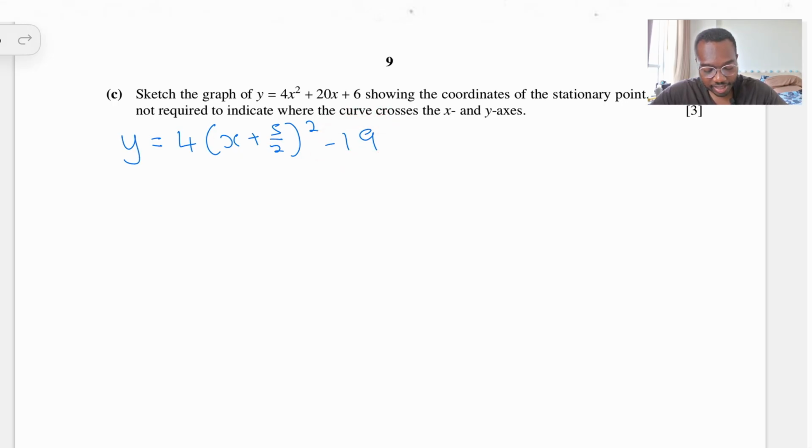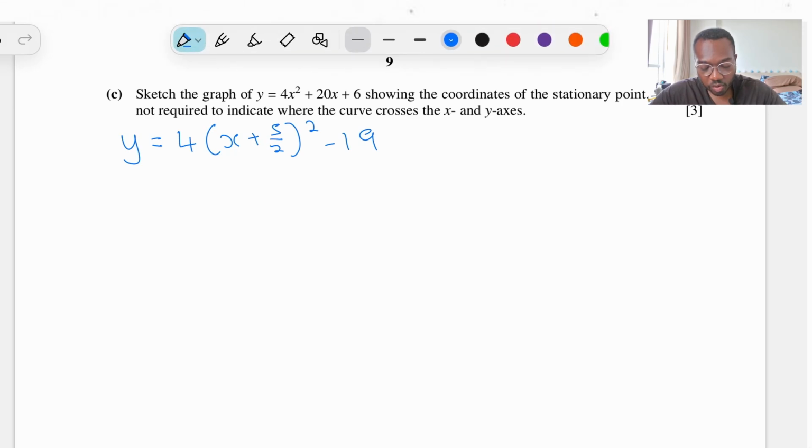And for the x coordinate, if we make x plus 5 over 2 into 0, then x is just minus 5 over 2. That gives us the x coordinate of the stationary point. So the stationary point is minus 5 over 2 and minus 19. Therefore, drawing this graph now becomes fairly simple.